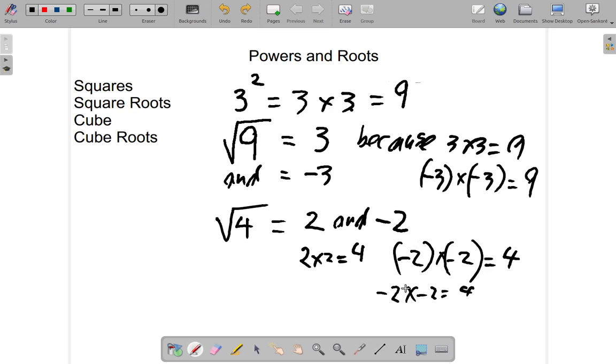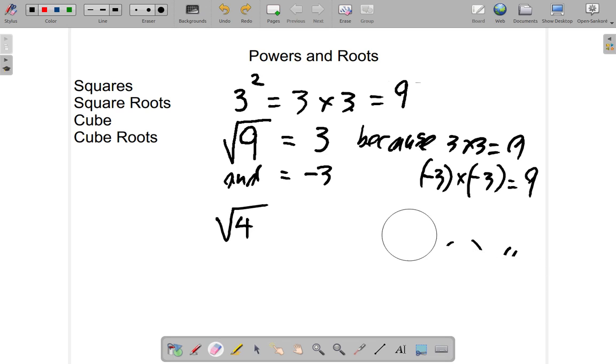But at the same time, you know that this is saying that negative 2 squared is equal to 4. If on many of the calculators you put in negative 2 squared just like this, you'll get a negative 4. Alright, wrong answer. Now, what happens is in the programming of the calculator.